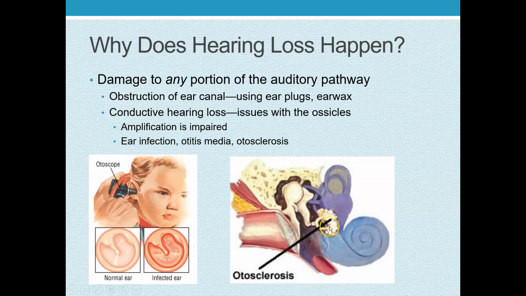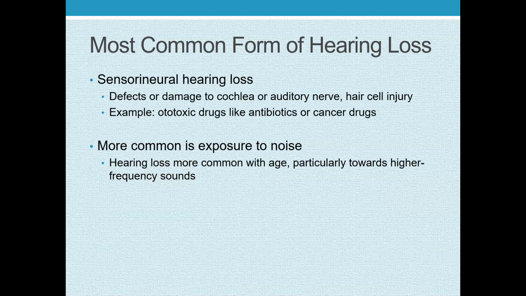Here, with otosclerosis, we can see that there's a bumpy buildup, and because it can't perfectly attach to that oval window, amplification is going to basically be damaged. Conductive hearing loss can also happen with things like ear infections and otitis media, which is another type of ear infection.